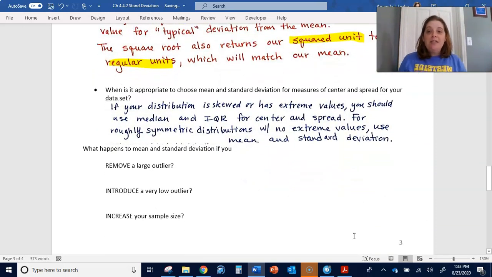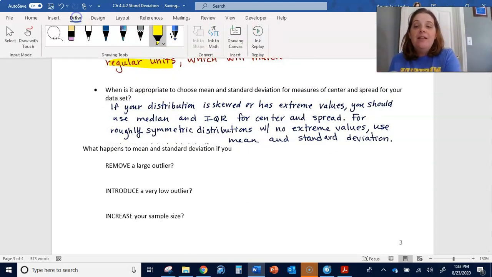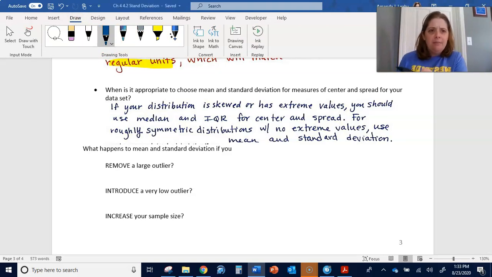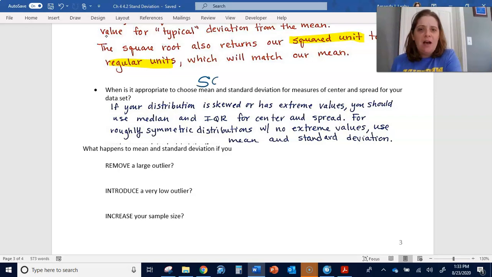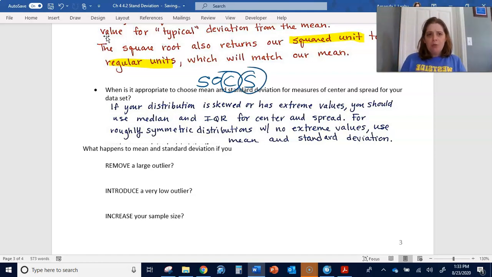And then finally, when is it appropriate to choose mean and standard deviation for your center and spread instead of median and interquartile range? When would you want to use the mean as the center and the standard deviation as your spread as opposed to median and interquartile range?